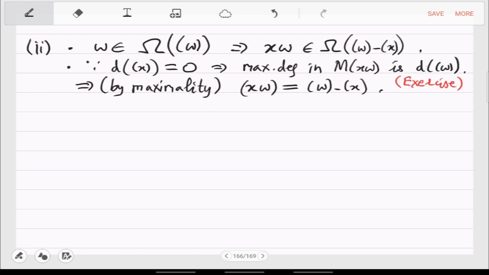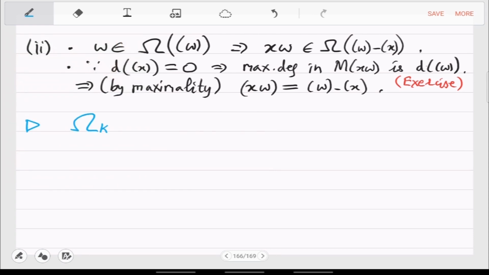So what is the advantage of this? Now you know that this maximal divisor of a differential, if you go modulo principal divisors, is not changing. So let's write that down, or maybe first state it as a property.